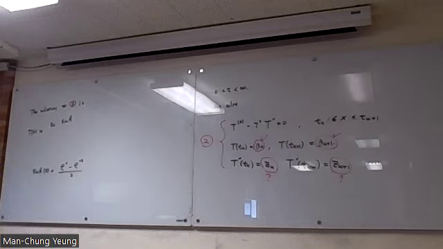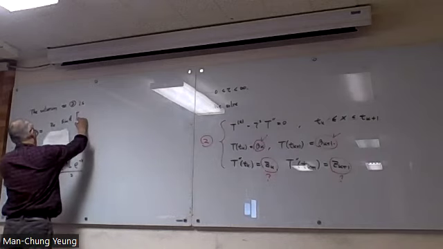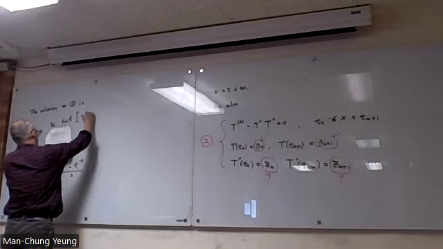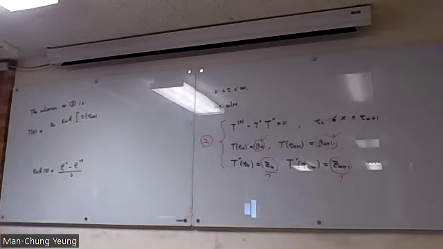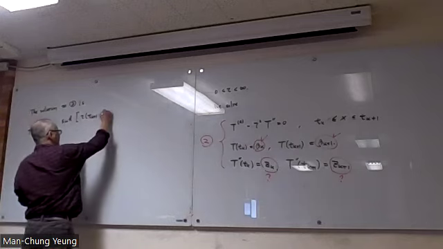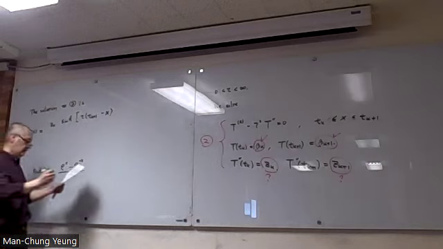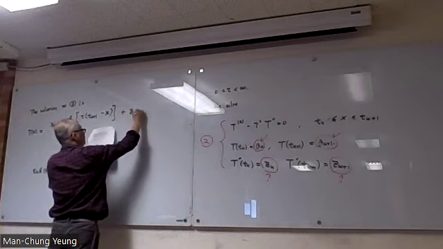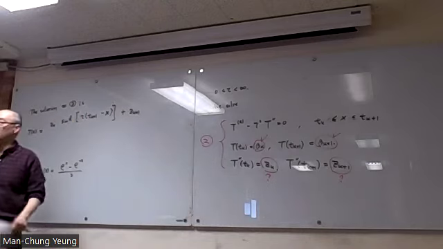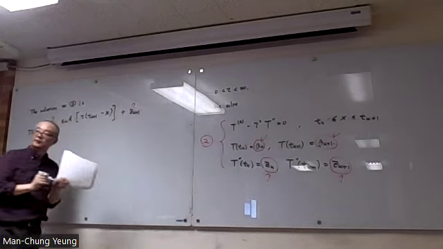So this is how: t of tk plus 1 minus x, and then plus ck plus 1, which we don't know. It will be determined.